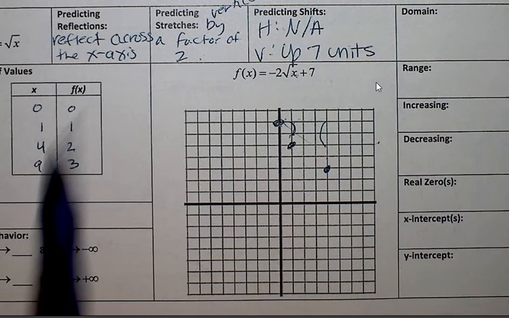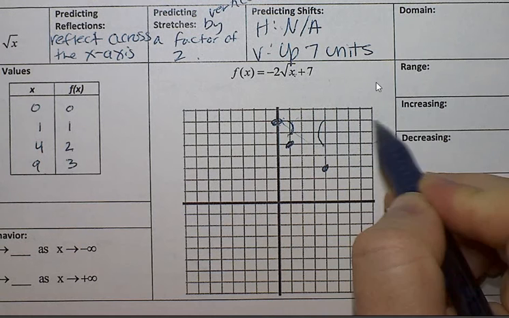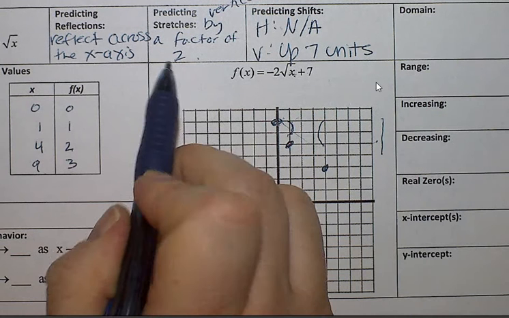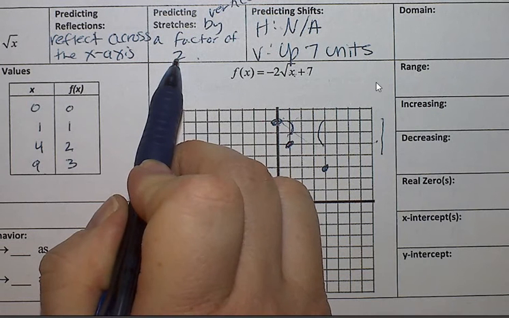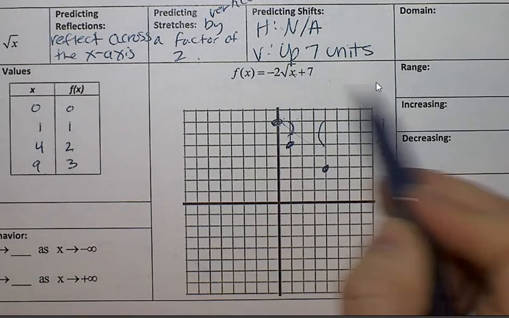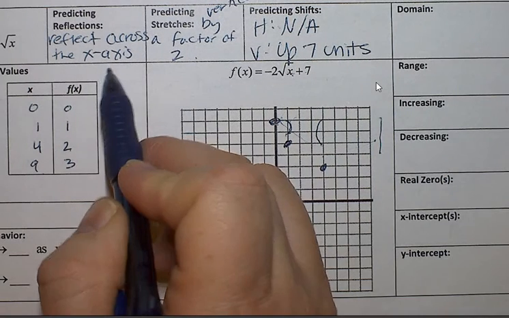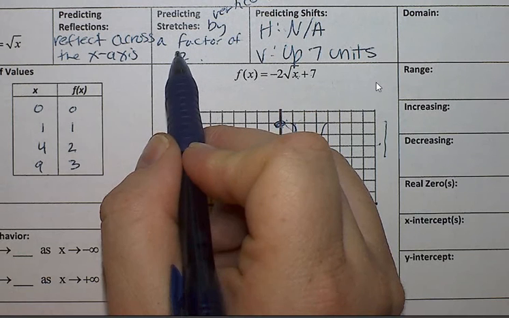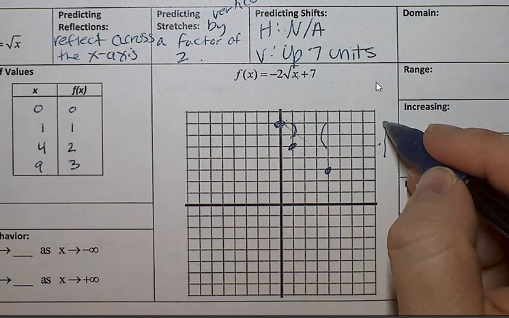So now go over 9, which is right off the graph, and the parent function would say go up 3. I said that wrong, excuse me. The parent function would go over 9 and up 3. Because it's a reflection across the x-axis, we're going down 3. And 3 times 2 is 6. So now go down 6.